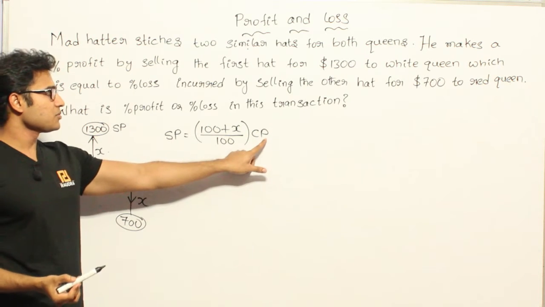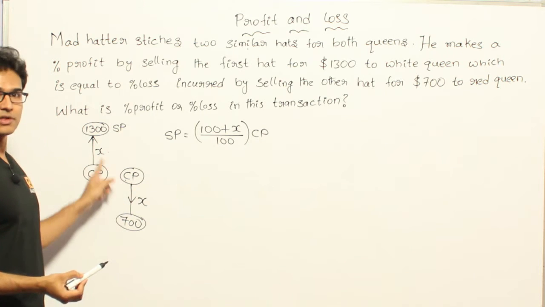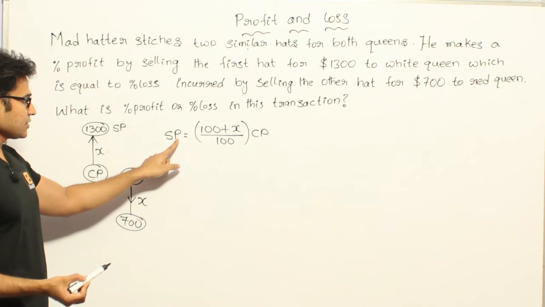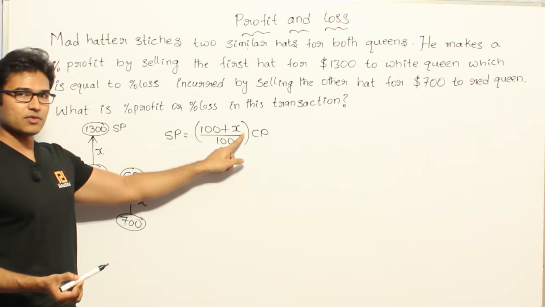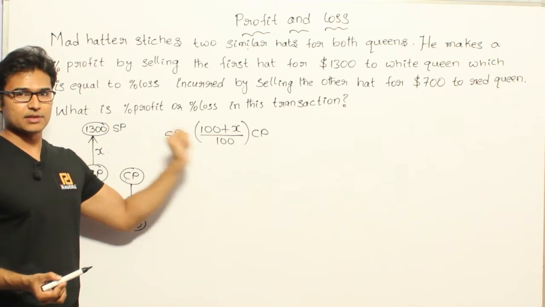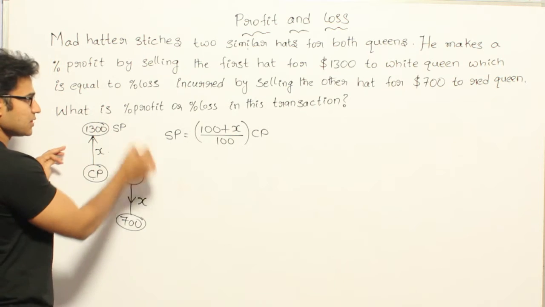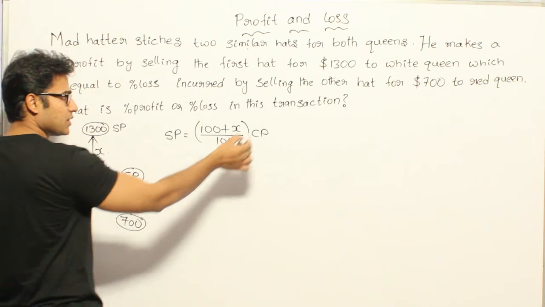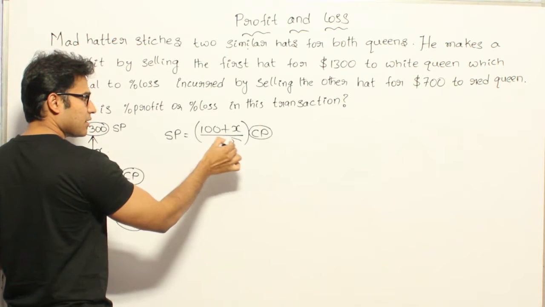Since cost price is constant in both transactions, if you write SP1 equal to (100 plus X1) by 100 into CP, then CP and 100 are both constant.